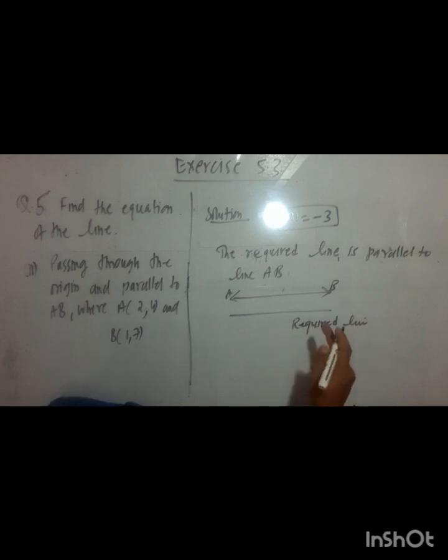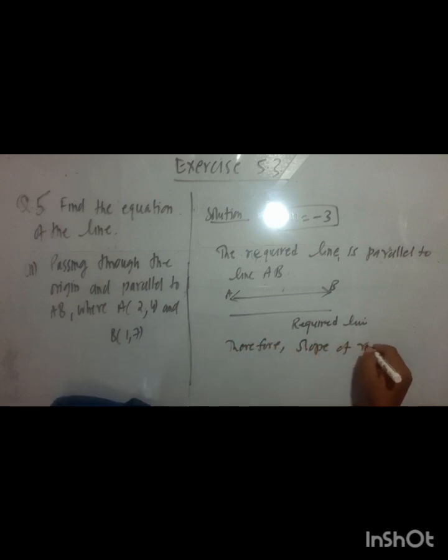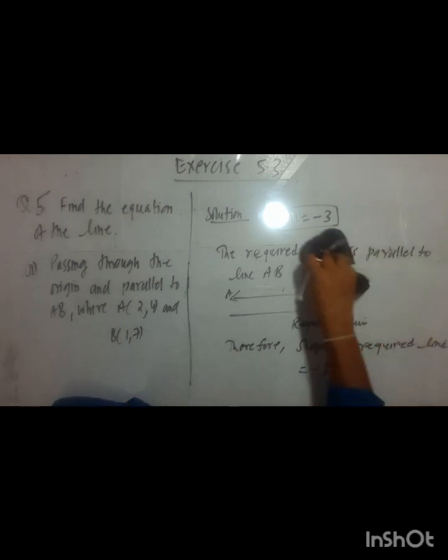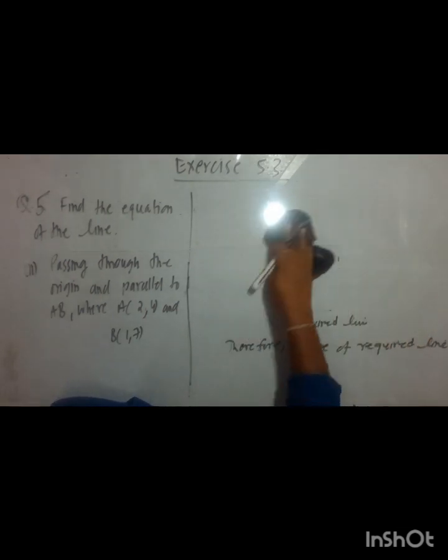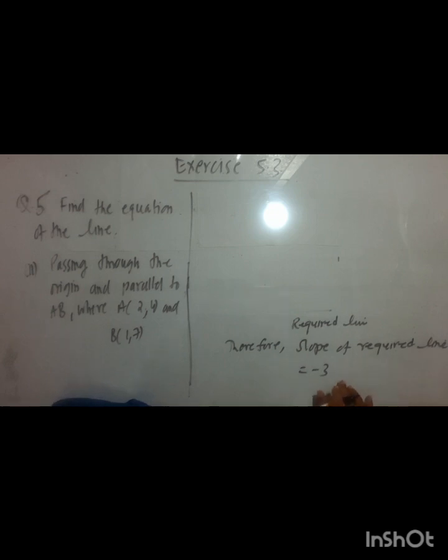The required line is parallel to AB, therefore the slope of the required line is minus 3. So you got the slope of the required line and it is passing through the origin.